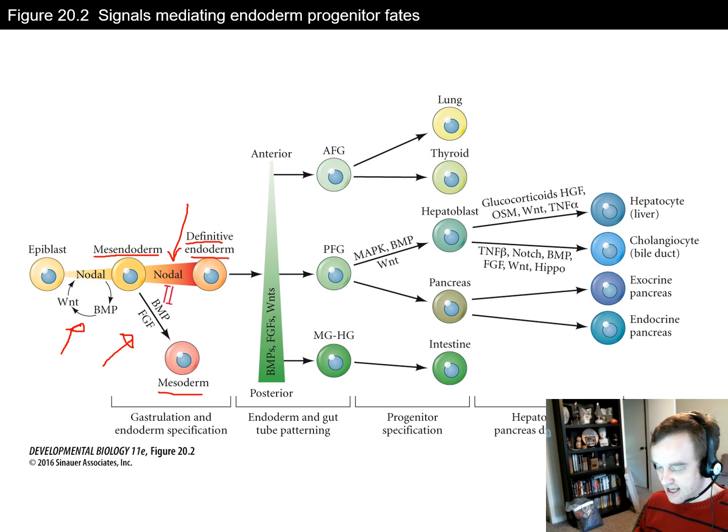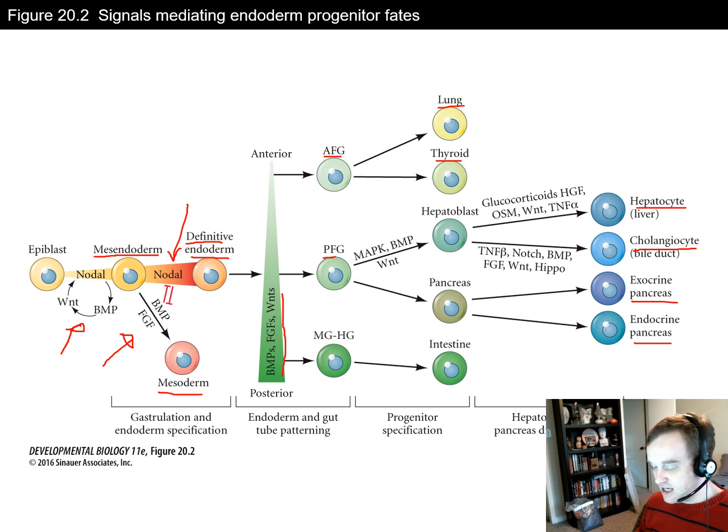Now, there is a gradient of BMPs, FGFs, and WNT here from the anterior to the posterior, and depending on how much of these proteins you have, you get different cell fate. So more anteriorly, you turn into an AFG cell and then into either lung or thyroid. If you're more in the middle of the anterior-posterior axis, you become a PFG cell and can become a liver cell, bile duct, pancreas, or exocrine or endocrine pancreas.